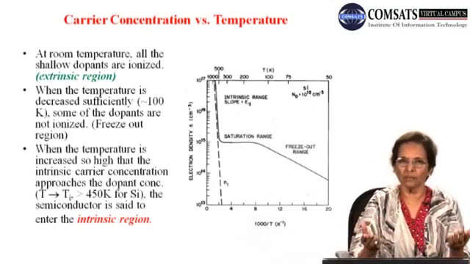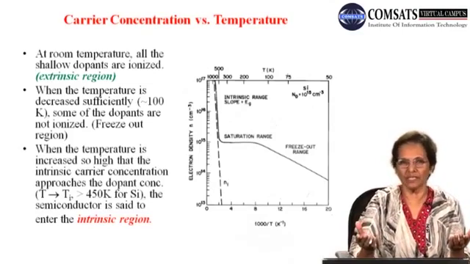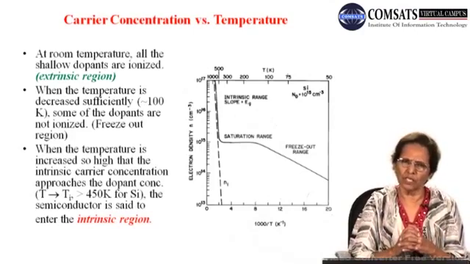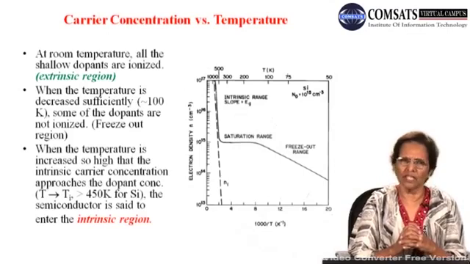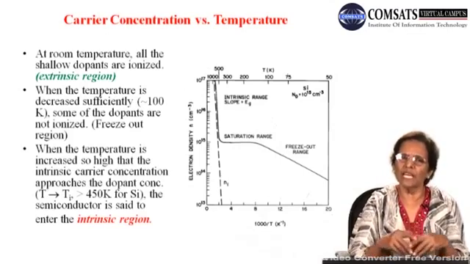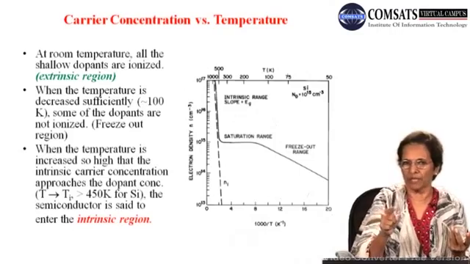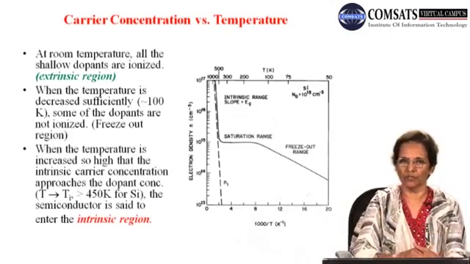So the material becomes intrinsic again. I'm sorry, I should not say that the material becomes intrinsic. It has not become intrinsic. It behaves as if it is intrinsic again, but at very high temperatures.